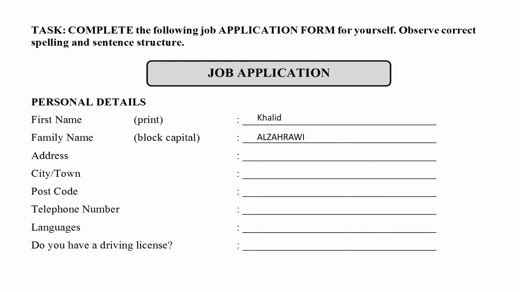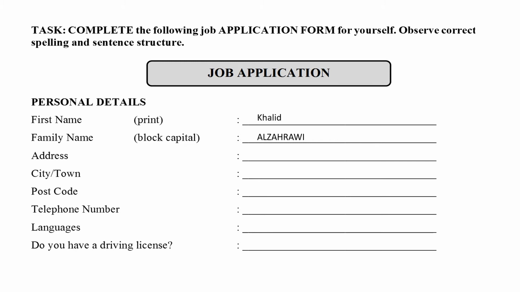So the word Khalid, only K is capital, H-A-L-I-D small letters. This is called the print. The second one, block capital, which means all letters must be printed in capital letters: A capital, L capital, Z capital, A capital, and so on.